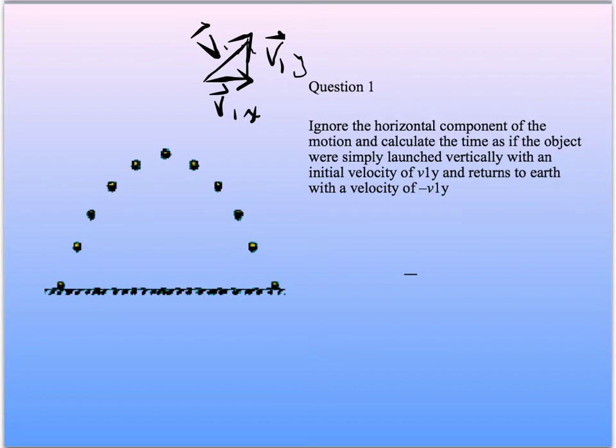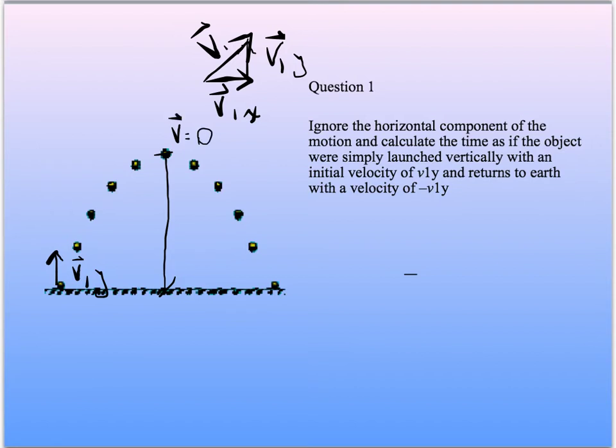All right, there are many ways to deal with this question. One way is to recognize that when the ball leaves, it'll have a certain vertical velocity, v1y. It'll take some amount of time to get to the peak, and at the peak, its velocity will be 0.